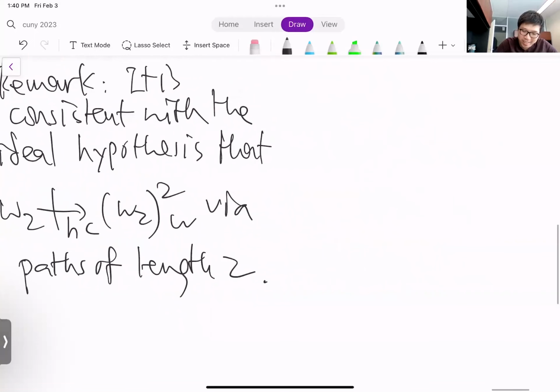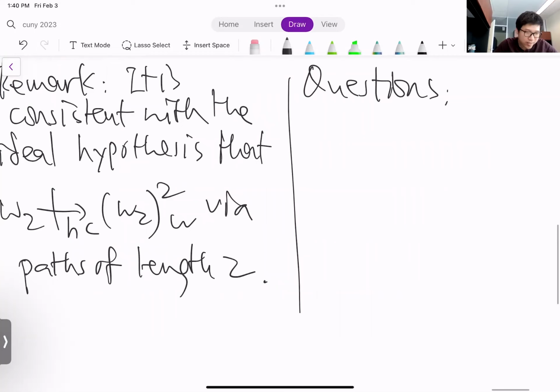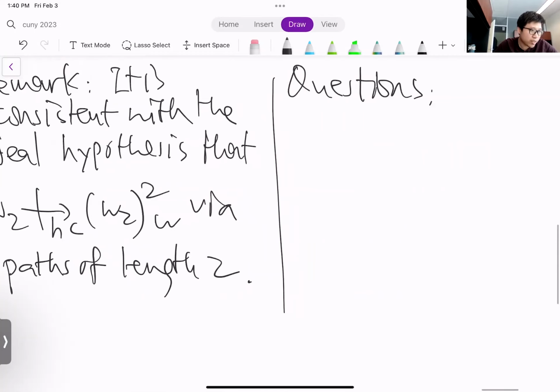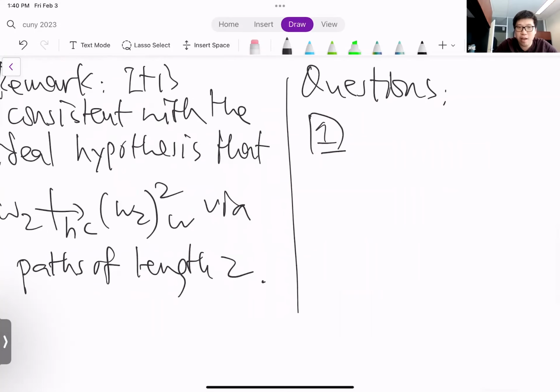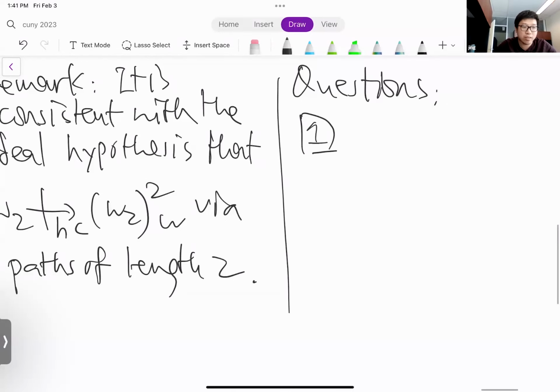So the first question is: what if we strengthen the hypothesis, can we get the stronger form of this partition relation where you require the paths to be of length exactly 2, or less than or equal to 2?